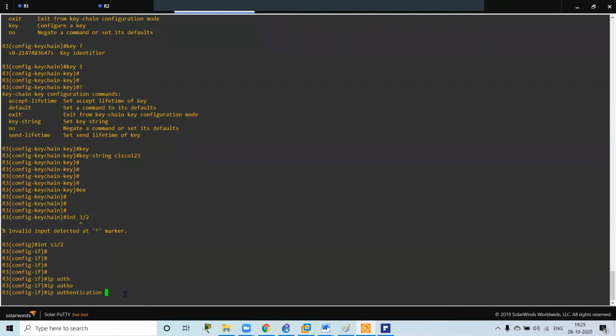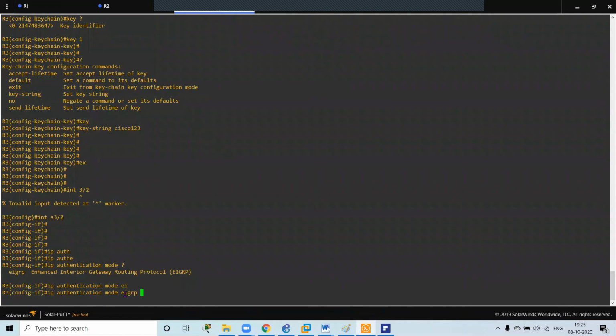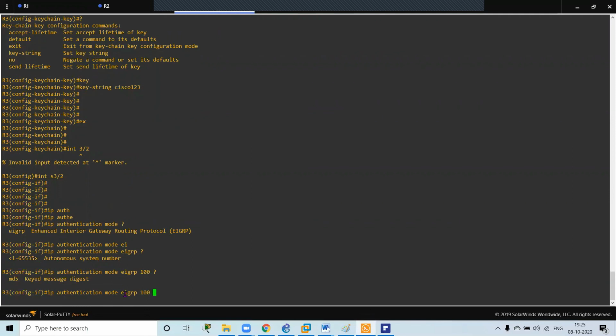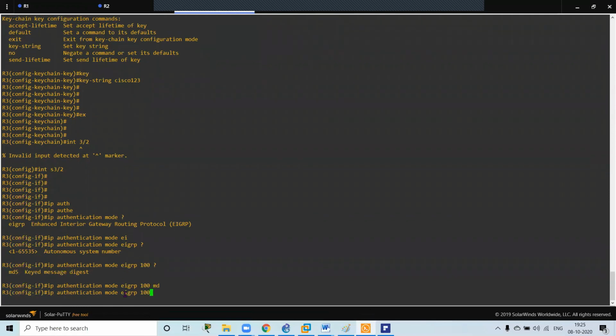IP authentication mode EIGRP autonomous system 100 MD5.